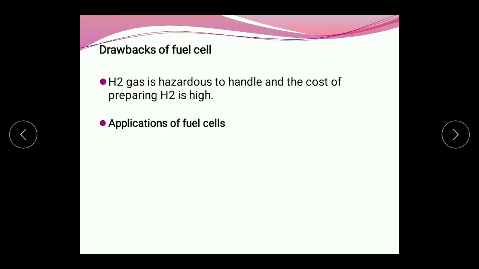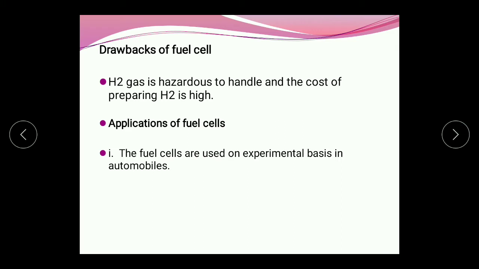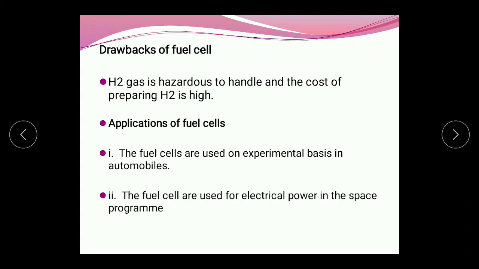Now, the applications of fuel cell, that means where it is used. Fuel cells are nowadays used on an experimental basis in automobiles, that means vehicles. They are trying to see if we can use fuel cells in vehicles. The second application is that these are used for electrical power in the space program.